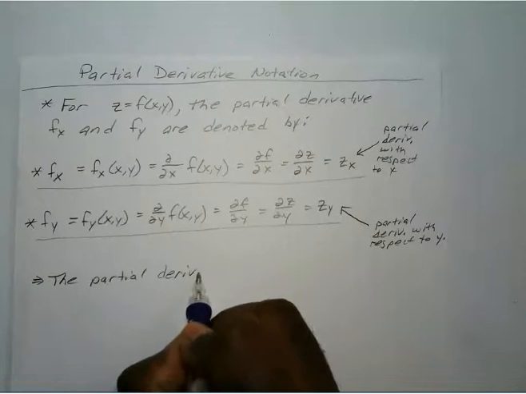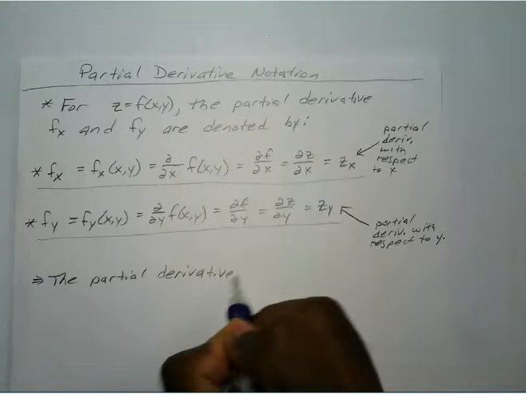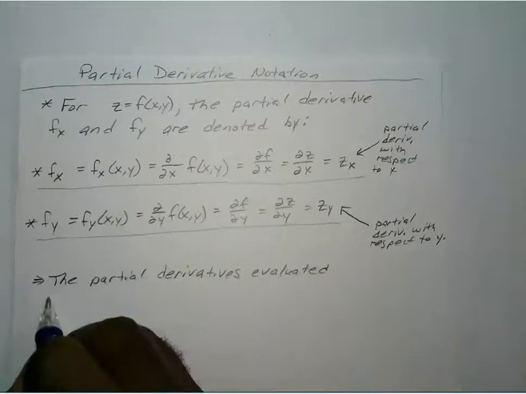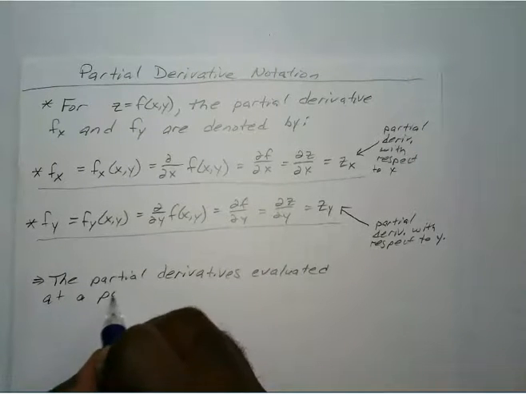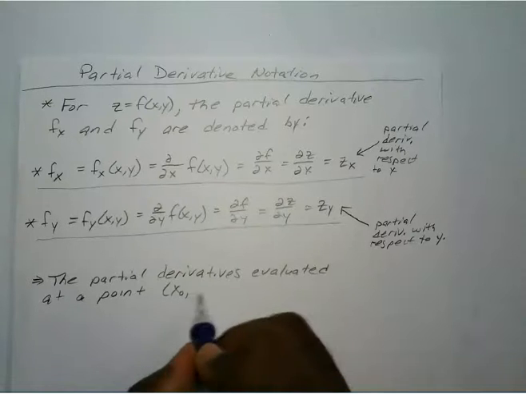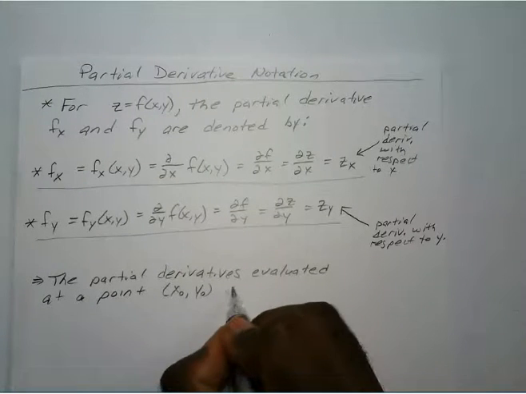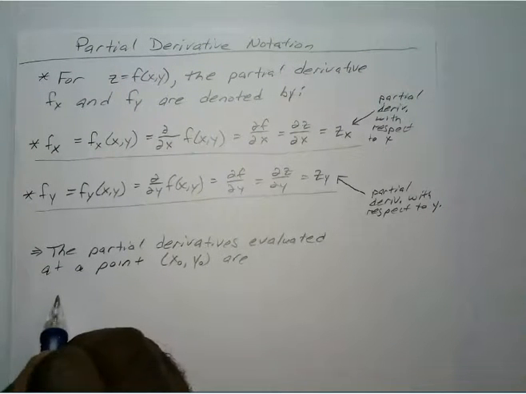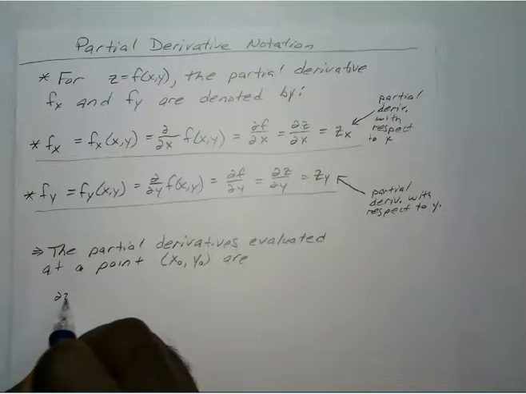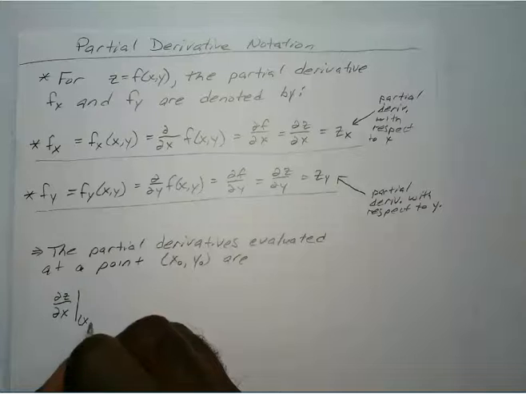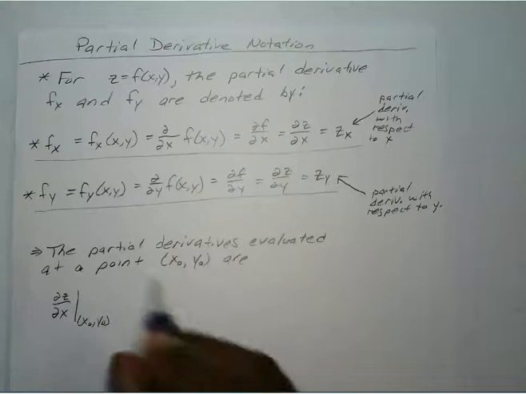Okay, so the partial derivatives evaluated at a point, we'll call them x sub 0 and y sub 0, are, you may see it as the partial derivative of z with respect to x, or you might see f sub x, at x0, y0.